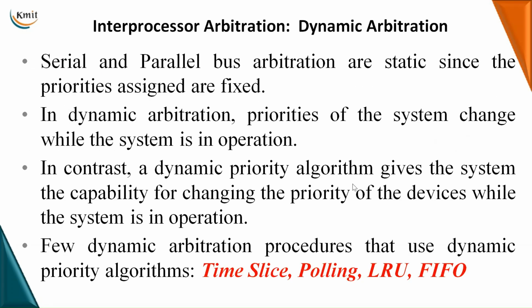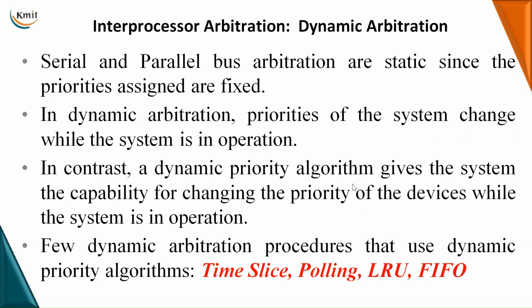Next, coming to the other type of interprocessor arbitration technique, the dynamic arbitration technique. Till now, we have seen the static arbitration techniques, serial arbitration and parallel arbitration. These two are called static because the priorities assigned to the processors are fixed.